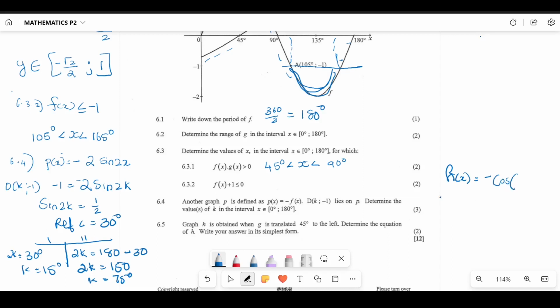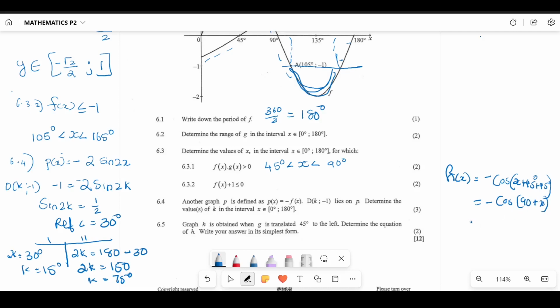But now 45 degrees to the left means x becomes x plus 45. Already there is a 45 degree, so negative cos(45 plus 45) makes it 90 plus x.